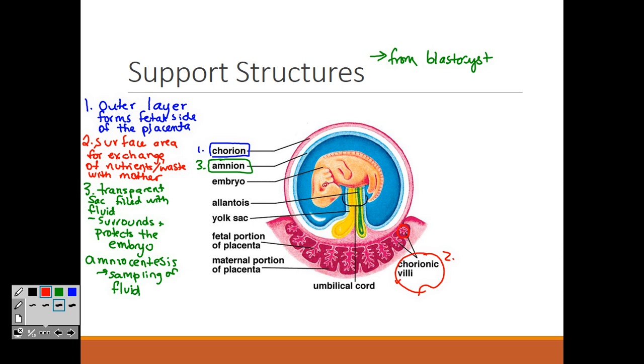Now, if we continue down here, we'll talk about these two together, the allantois and the yolk sac. If you look at them, they are right next to each other. So these two structures in number 4 help form the umbilical cord. They will eventually contribute to the digestive system.